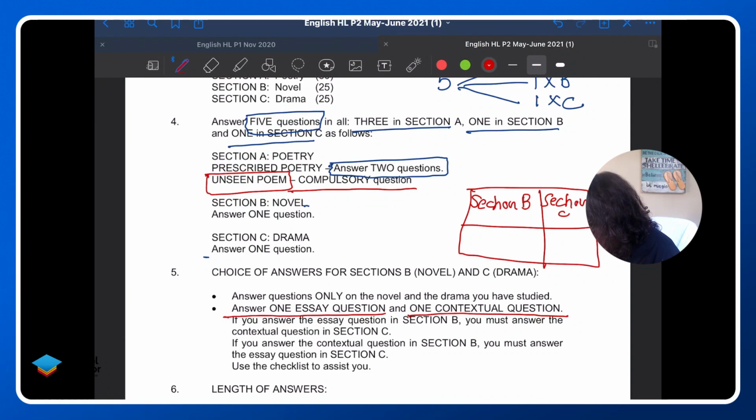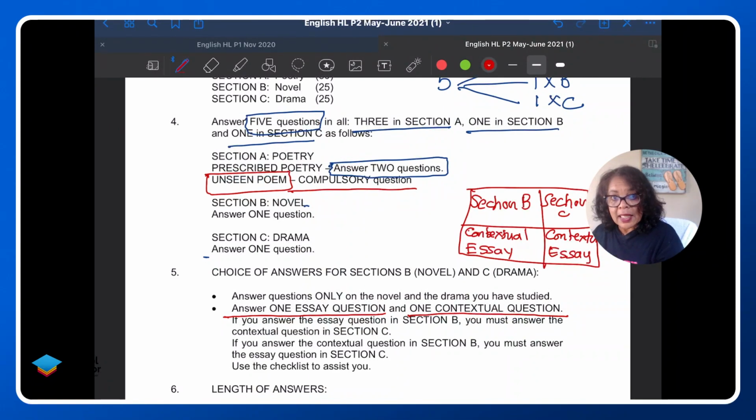In section B, you'll get a contextual question, and you will be given an essay question, right? And the same in section C, you'll get a contextual, and you will get an essay question.